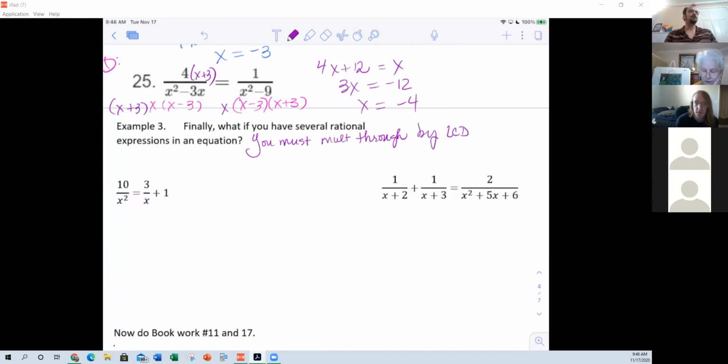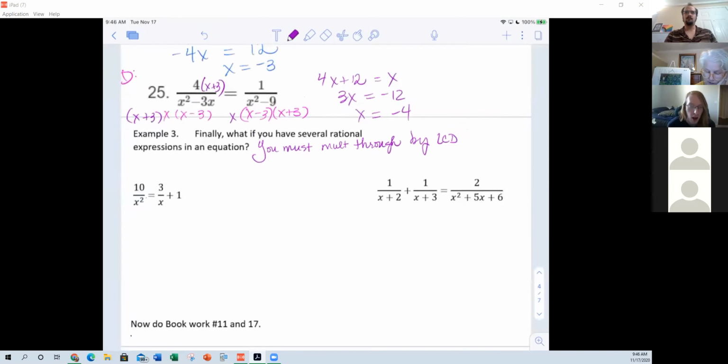So on this first little example, the lowest common denominator would be x squared. So if I multiply everything through by x squared, so I'm going to multiply every single thing by x squared.